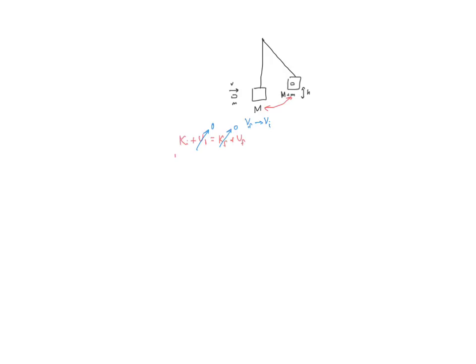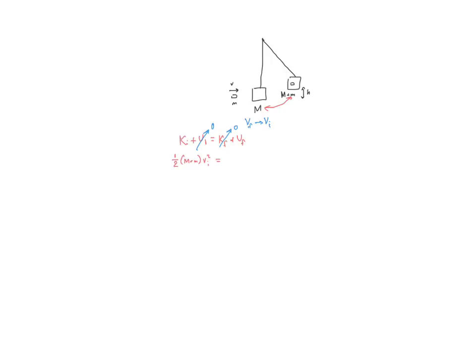The kinetic energy is 1/2 times, now this is the combined mass. Remember, this is after the bullet has entered the block. So the total mass is big M plus little m, which I'll put in parentheses, times V initial squared.